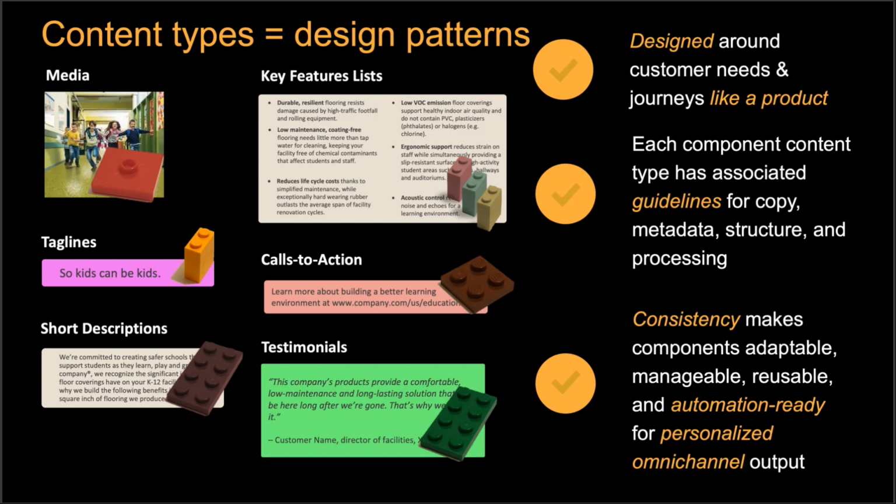And each component of content has a type, which has associated guidelines for how you write it, how you add metadata to it, how it should be structured, how it should be processed. We have lots of guidelines for how you put titles and things like that. And the point is that all of this consistency is what makes components adaptable, manageable, reusable, and automation ready for personalized omnichannel output.